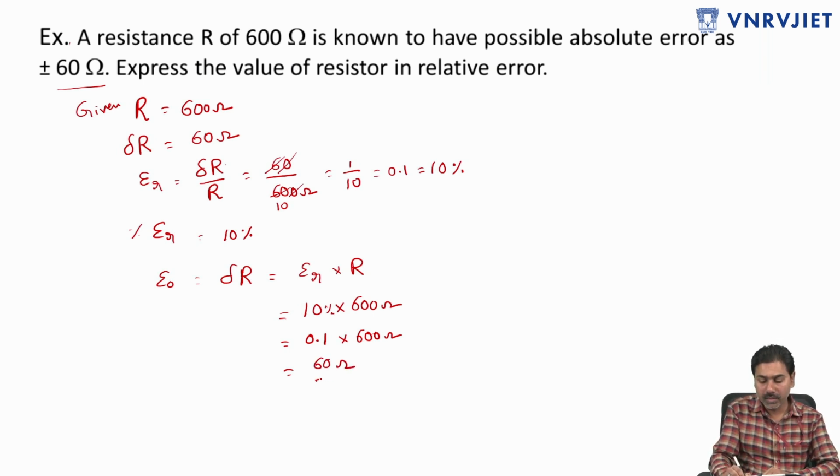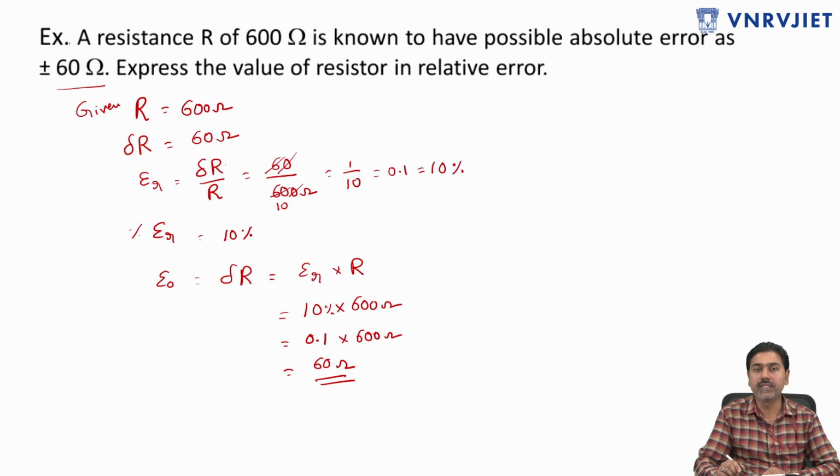So we can get the absolute error from the relative error and vice versa. This is the way we can understand the absolute limiting error and the relative limiting error from the nominal values and the limiting error given in the data sheet by the manufacturer.